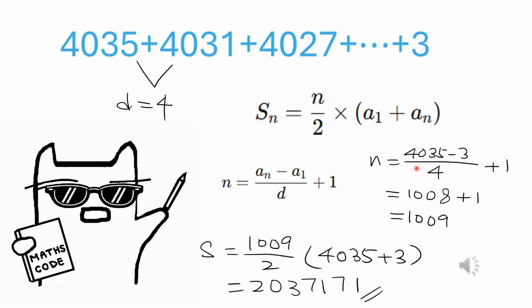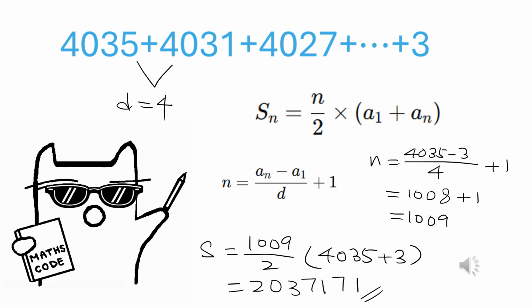4035 plus 4031 plus 4027 and so on, plus 3. So first, let's figure out how many terms there are. We can use the formula. We know the common difference is 4031 minus 4035, which is -4. Then we can use the formula for the nth term of an arithmetic sequence to find out how many terms altogether are in this sequence: an equals a1 plus n minus 1 times d.